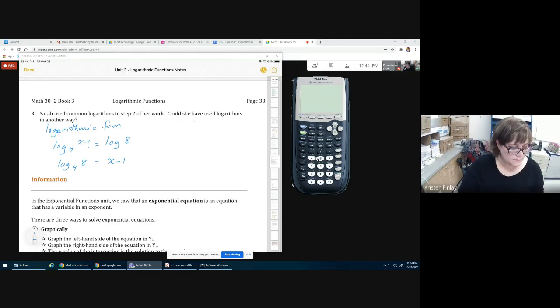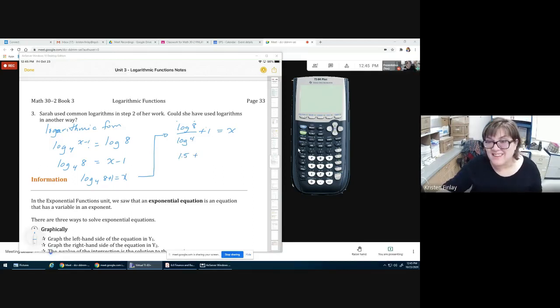And then rearrange and solve, right? Log base 4 of 8 plus 1 equals x. And this becomes log of 8 divided by log of 4, plus 1 equals x. Log 8 divided by log 4 is 1.5.